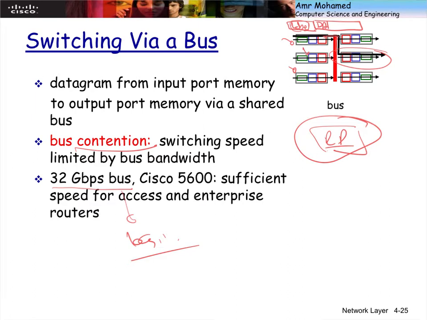Because the input line speed of each one is 10 gigabit per second, you may have 3 input ports trying to write to the same output port. So in order to maintain the 10 gigabit per second, you need to have a much faster switching speed. Understood?